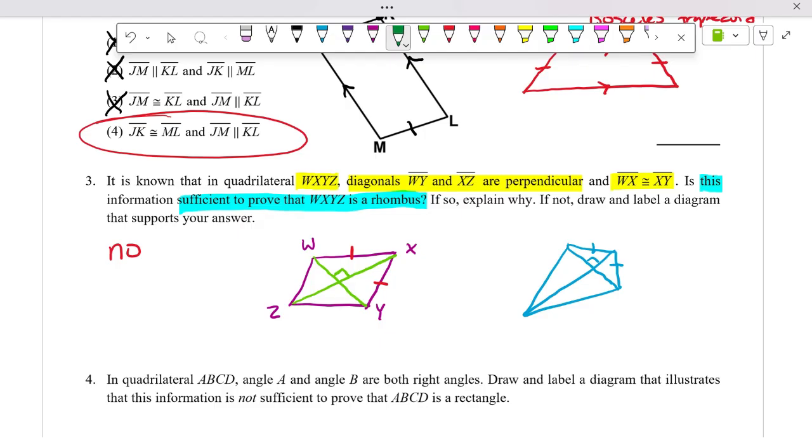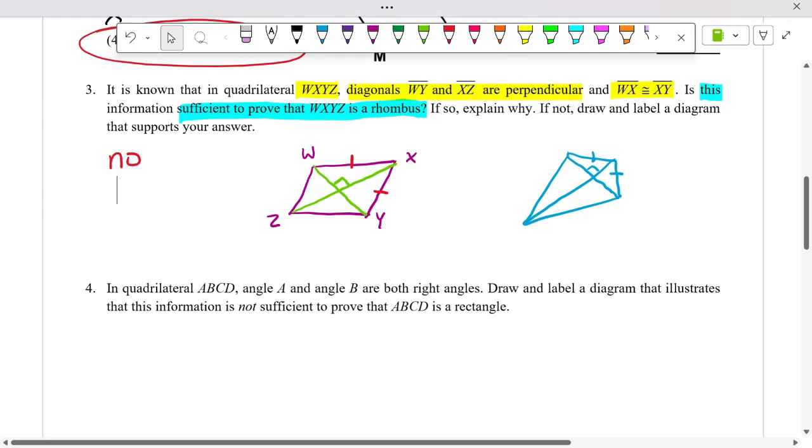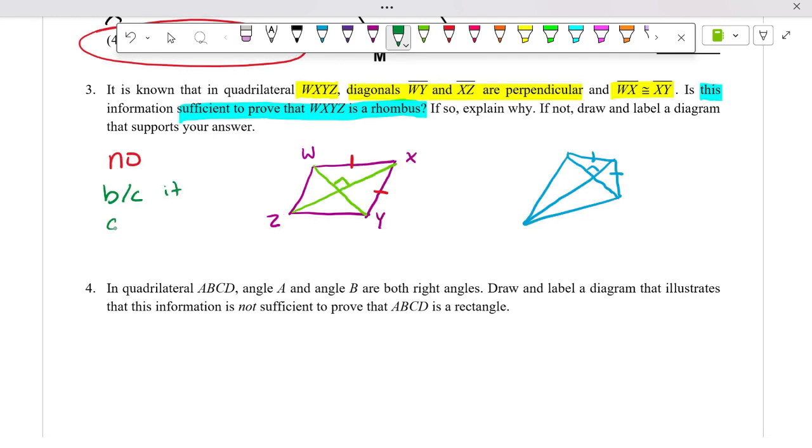But they said quadrilateral, so nothing applies right now. We have to take it at face value. Does that make sense? A bit better? That's why I say proofs are hard. It's a pain in the butt. So no, because it could be a kite. Not enough info.